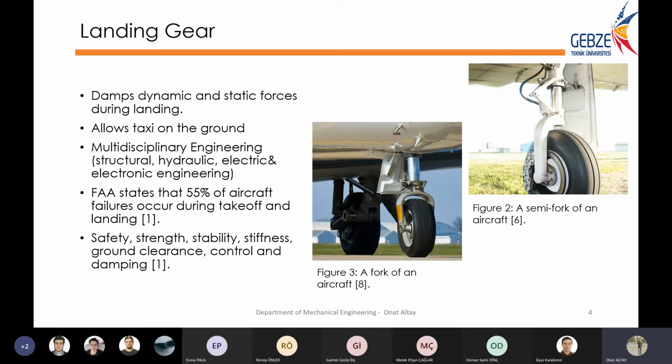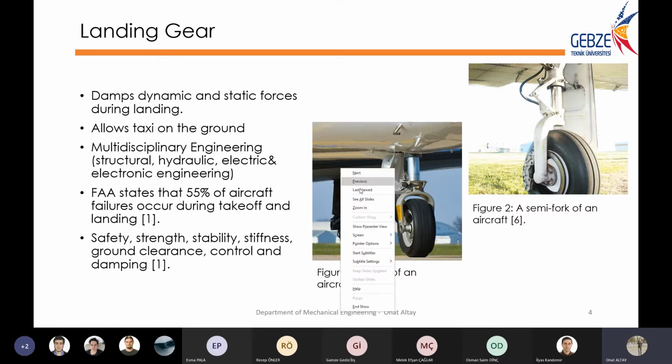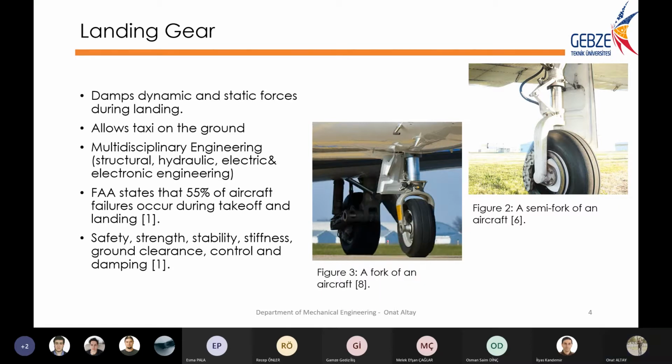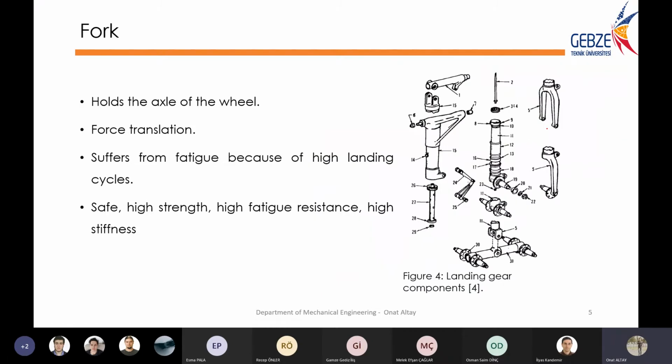As you can see in figures 3 and 2, they are the forks. Let me open my pointer. And these are the forks of landing gears. So the duty of a fork is to transfer the ground and landing forces that are coming from the axle to the rest of the landing gear.